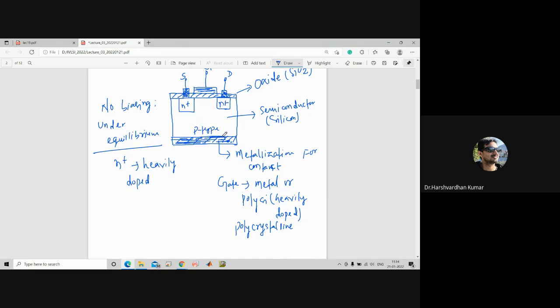So there is a p-type semiconductor here, and here there is an n-type semiconductor. In that case, there will be a depletion region, right?